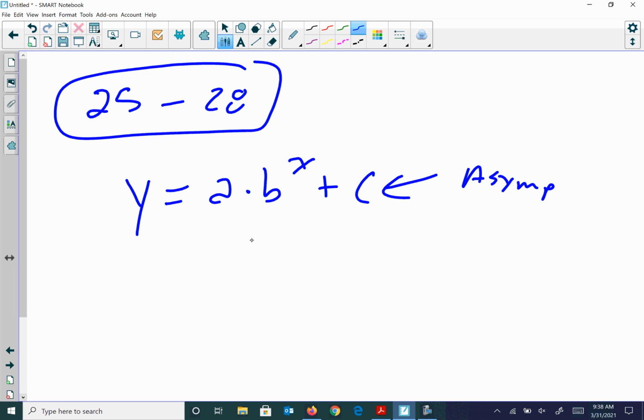And then plug in your x and y values. The best thing to do is find one of those to be 0. Usually it's the y that you want to be 0, but it could be the x as well. Okay, so plug those in and you're just going to solve it as a system.